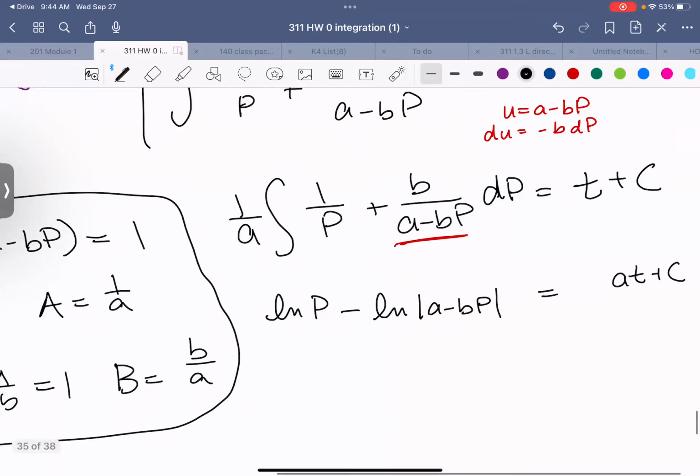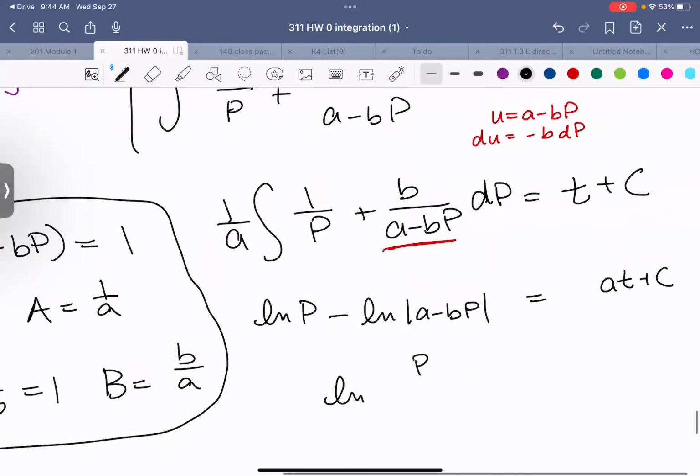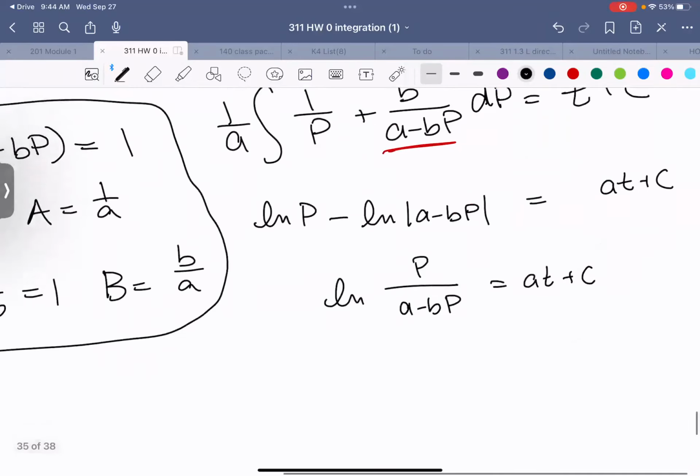And then you can put those two back together. You have subtraction of your natural logs. So that becomes the natural log of p over (a minus bp) equals at plus C, and you can take the exponential of both sides.